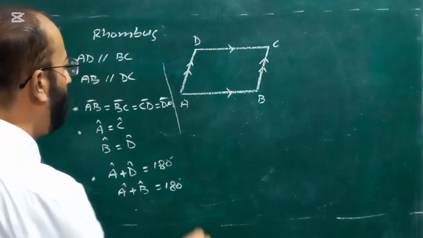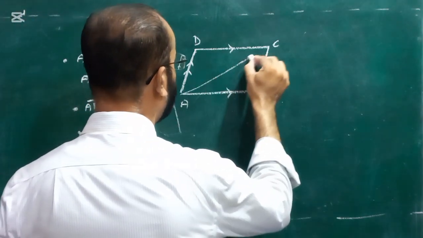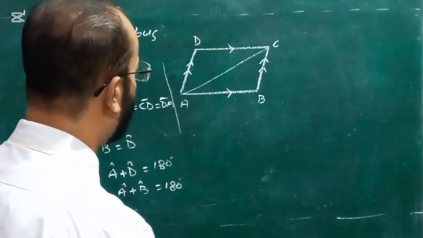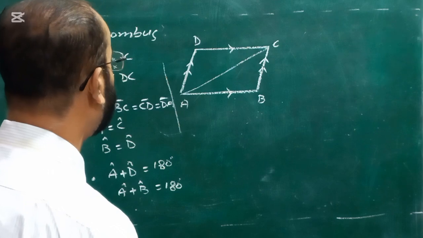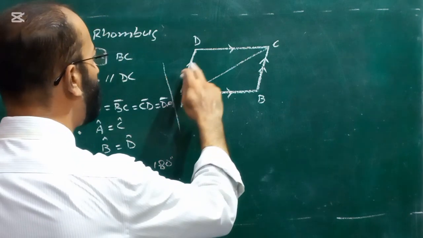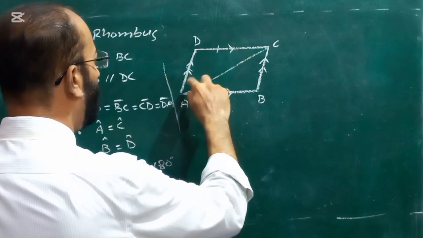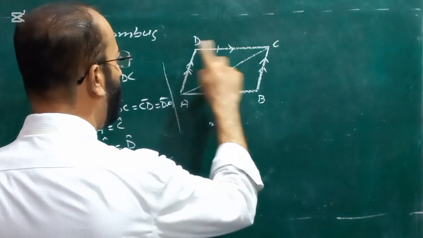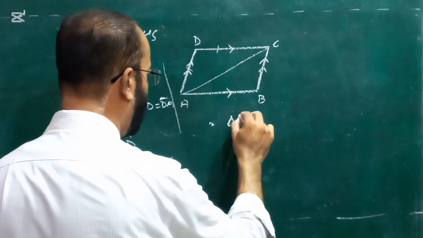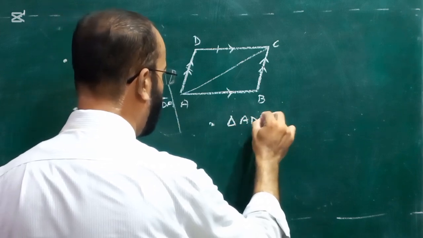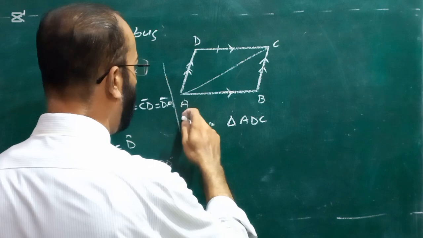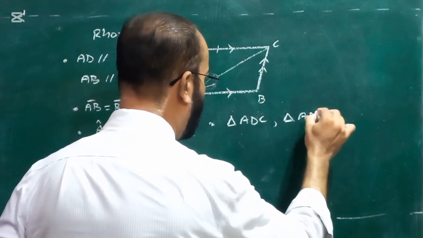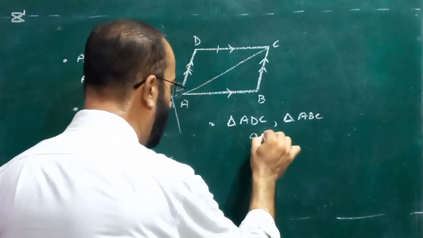Okay. If we draw the diagonals, if we draw only one diagonal, because these two sides are equal, this will make an isosceles triangle. So ABC, likewise ABC, these are isosceles triangles.